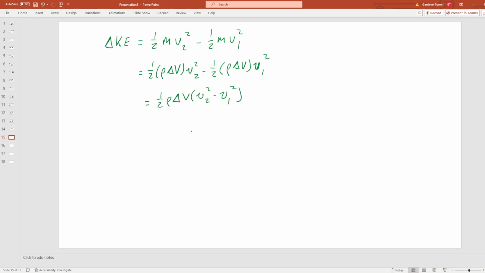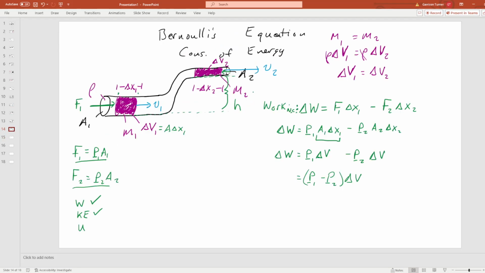And then finally, we need to look at the change in potential energy. Of course, there's no elastic potential energy here. Everything is gravitational, so this is going to be equal to m times g times y. Let's call it h.